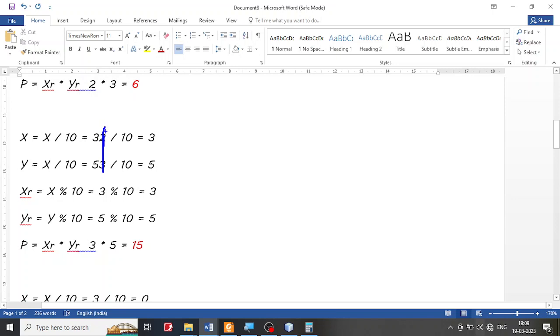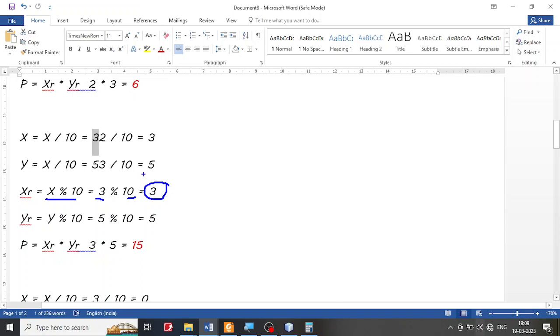We have eliminated these digits, so we are left with the last digits over here. So let us go and multiply them together. So how do we multiply them again? We will follow the same routine. We are going to perform the modulo division. 3 mod 10, remember 10 cannot divide 3, so the remainder will be 3.